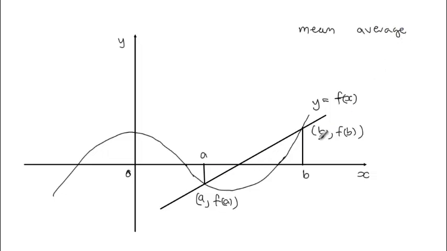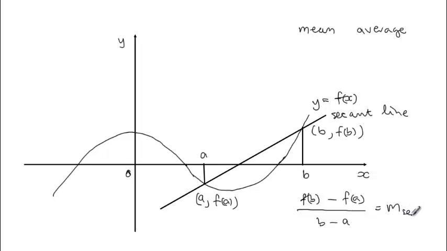So this second line, we can clearly see that its gradient is given by f of B minus f of A over B minus A. Let's call that M sec for gradient of the secant line.